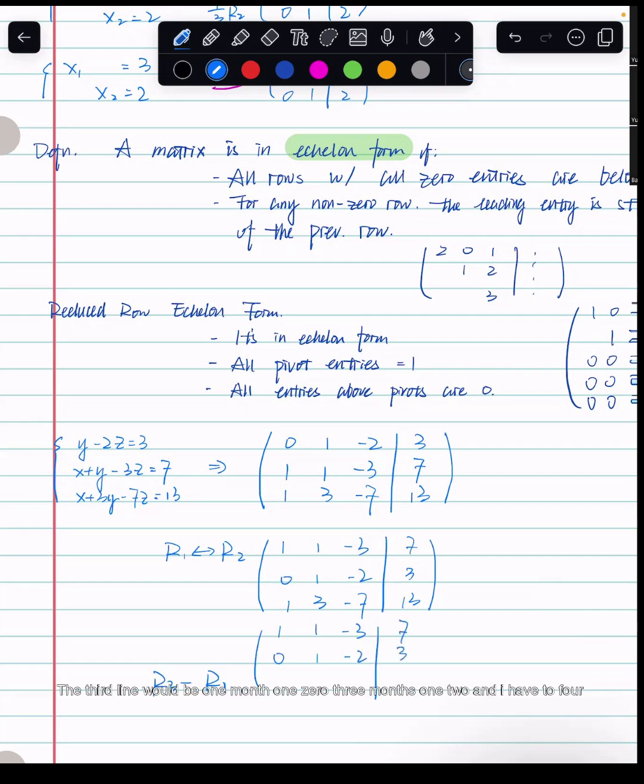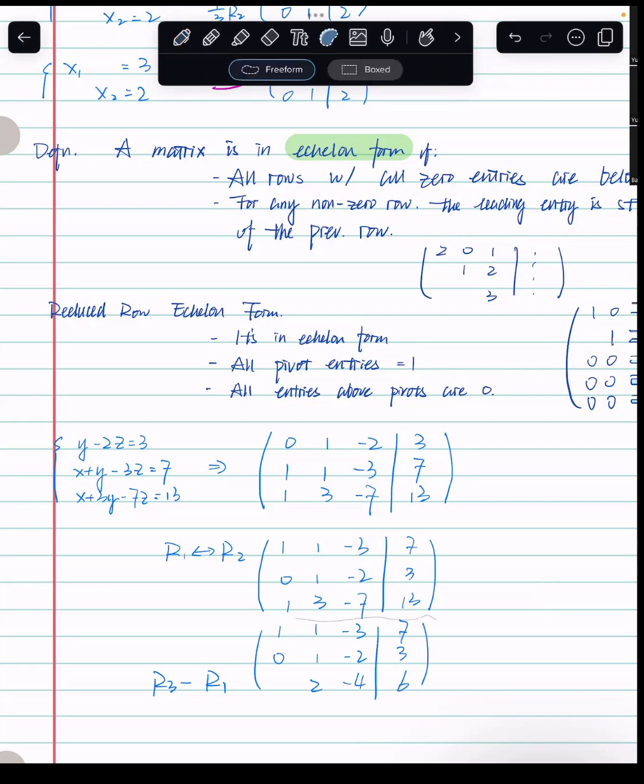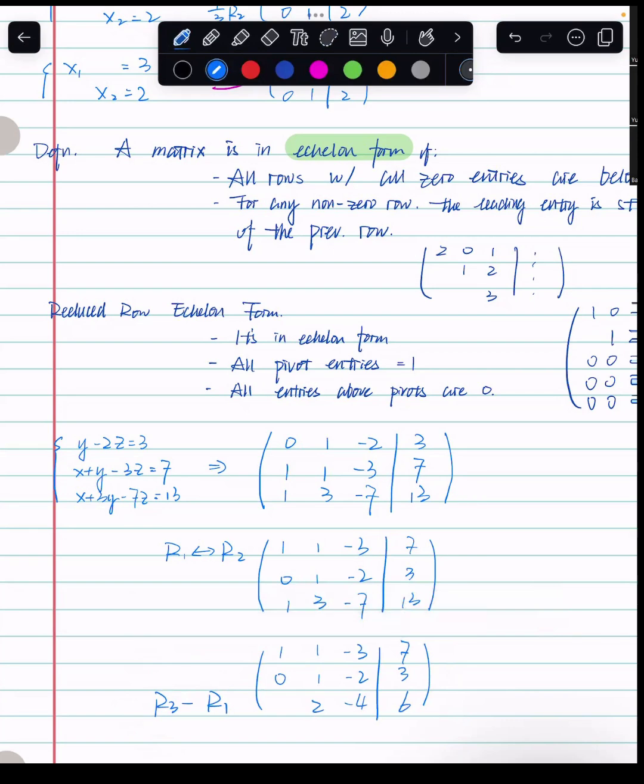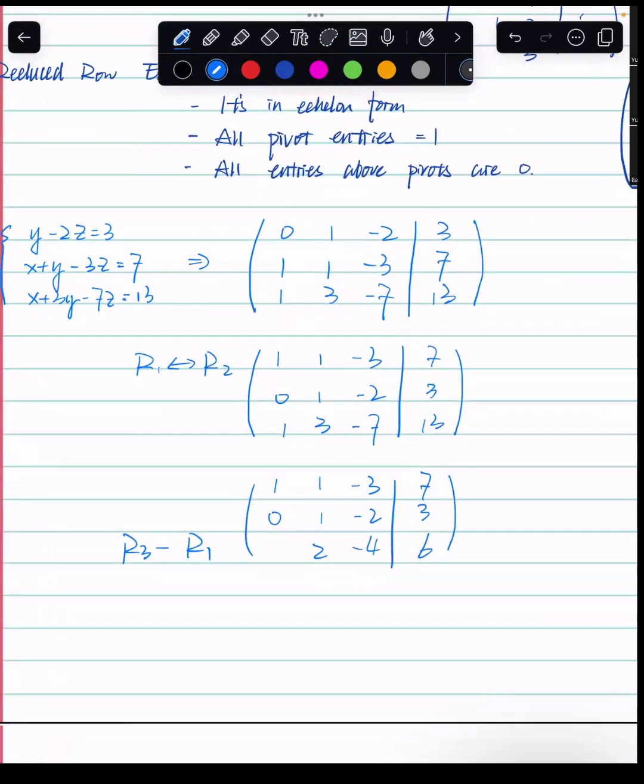The third line would be 1 minus 1, 0, 3 minus 1, 2, and 4. And here it becomes a 0.